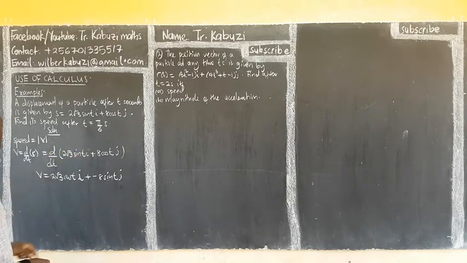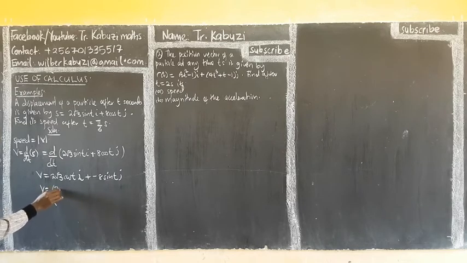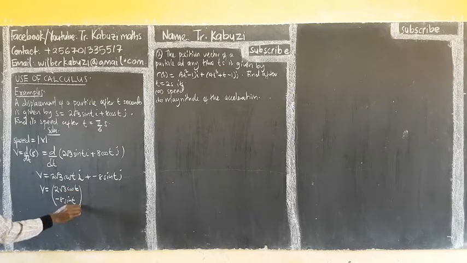So this velocity can be given as 2 root 3 cos t for the i component, then the j component negative 8 sine t.